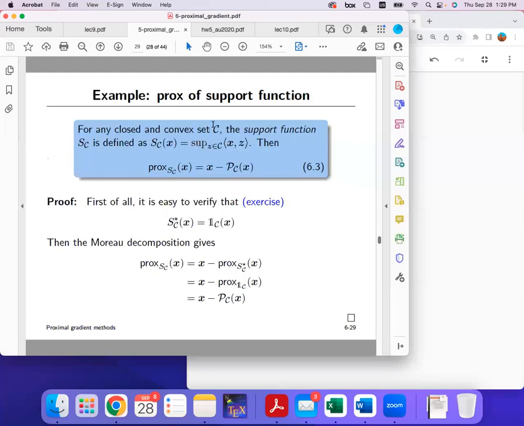First, consider a convex set C, and we define the support function associated with the convex set as follows. This is a standard definition. The support function associated with C at x is defined as follows. I fix x and look for the vector z that has the highest correlation with x over the convex set C.